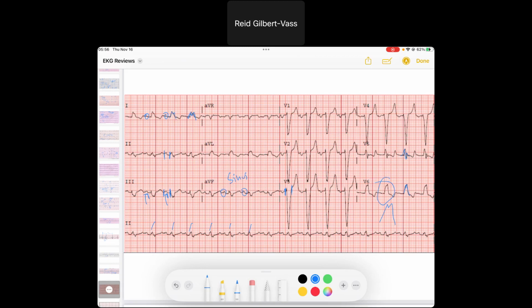It kind of merges together, but that's an RSR prime. As well as these deep, slurred S waves in V1 and V2 in the presence of a prolonged QRS, and late forces in the lateral leads. So this will be a left bundle branch block. So this is sinus rhythm, left bundle branch block.